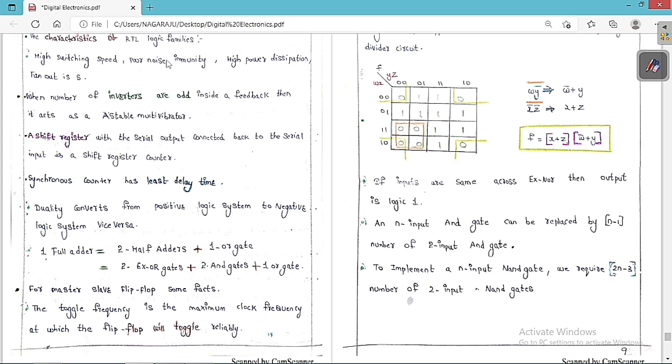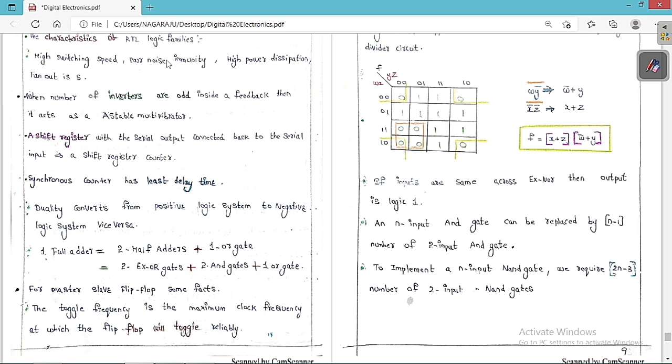These are the important things regarding the RTL logic families.